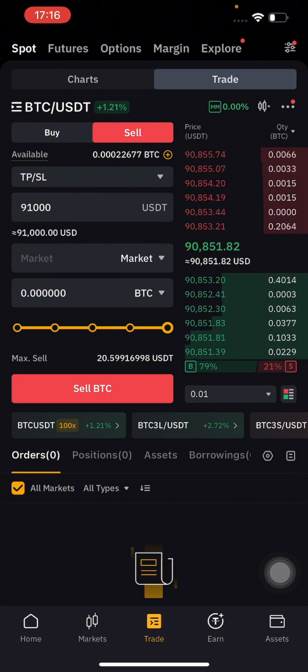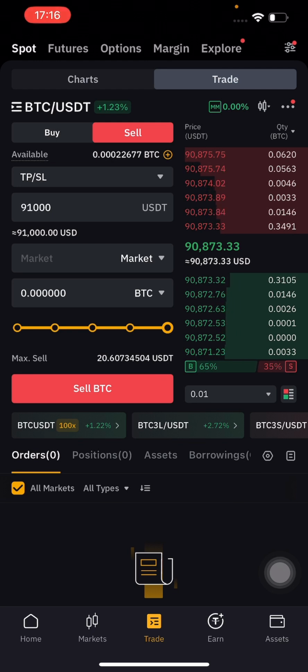That means you're telling the exchange that once the price of Bitcoin drops to 90,500, I can only lose $300. Because if you bought at 90,800 and the price drops and reaches 90,500, where you set your stop loss, it means you're only willing to risk losing $300. That is what the stop loss is.